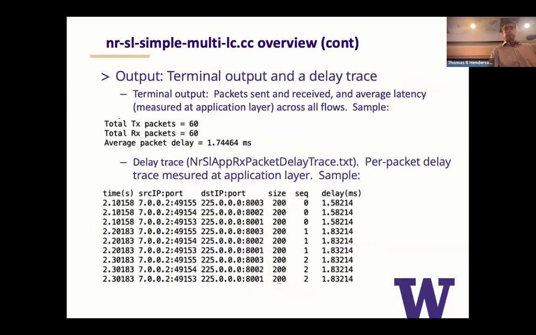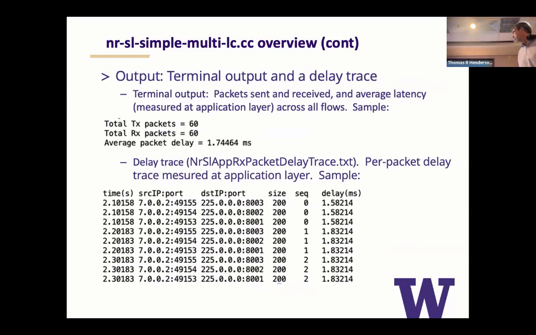Okay. So if you run this program, there's not a whole lot of output that's displayed by default. For instance, if you just run it with no arguments, you'll see that there's 60 packets sent and received, and there's a computation of the average packet delay across all the packets.